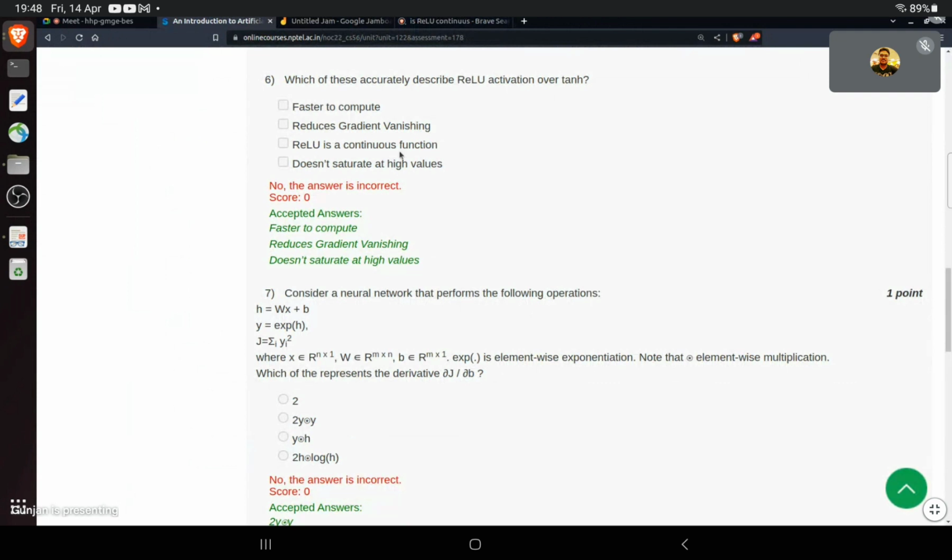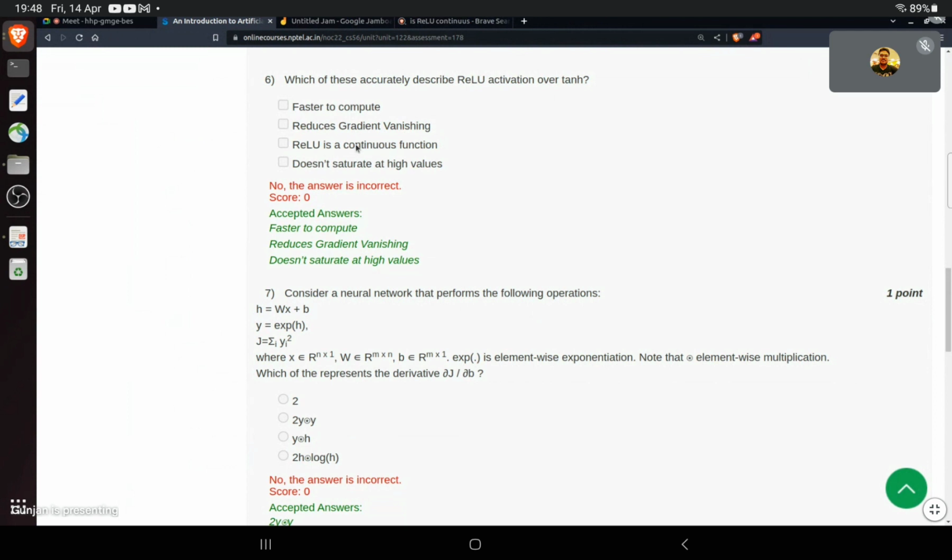Why are they asking whether ReLU is a continuous function? You should be comparing what is comparable. Just because it is continuous, what does it add to the computation? Gradient vanishing is already taken care of.